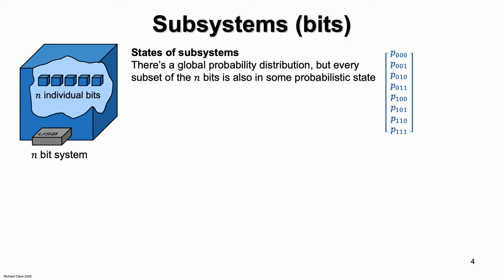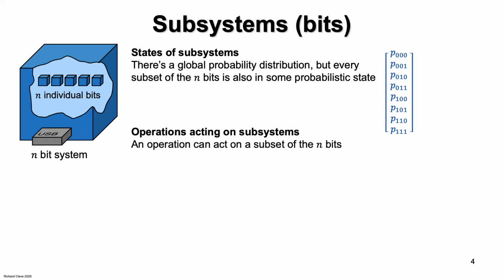Similarly, we can deduce the probability vector for any subset of the bits. In the language of probability theory, what we're doing is taking marginal distributions of a multivariate distribution. Also, an operation can act on a subset of the bits.